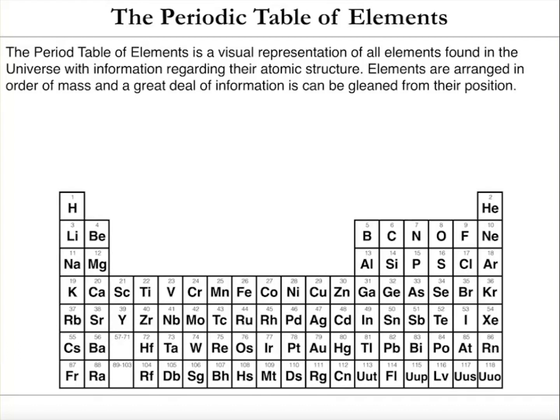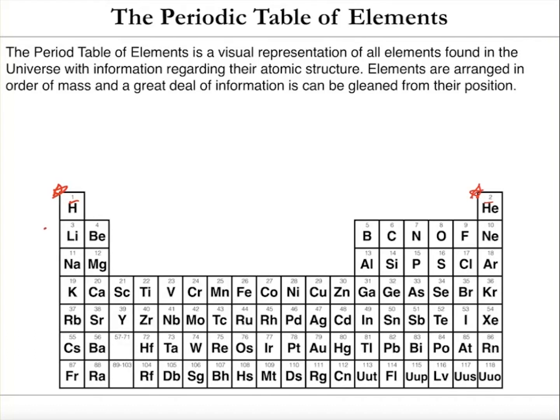So elements are arranged on the periodic table in their order of mass. So here we have hydrogen, which has a mass of 1. It basically has 1 proton in its nucleus. Helium is right here, number 2. And then it comes down here. So it's arranged in these columns and these rows.